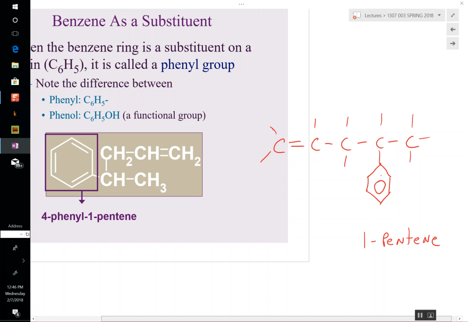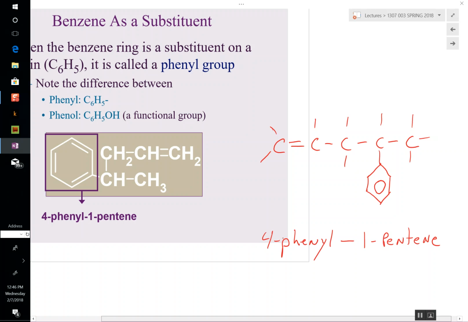So this is a substituent, just like you might see a methyl there. It's a substituent on there. We don't call it benzene now, we call it phenyl. And we say what carbon it's on, just like we would with the methyl or ethyl group.